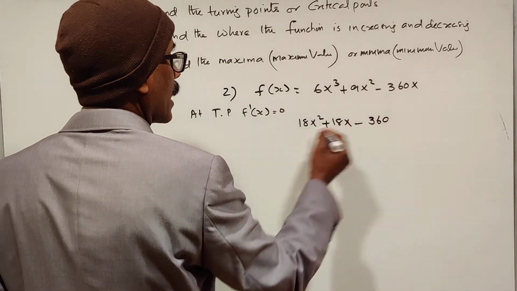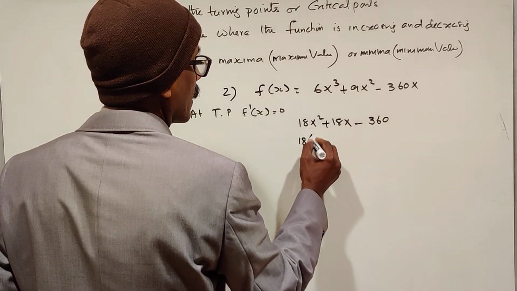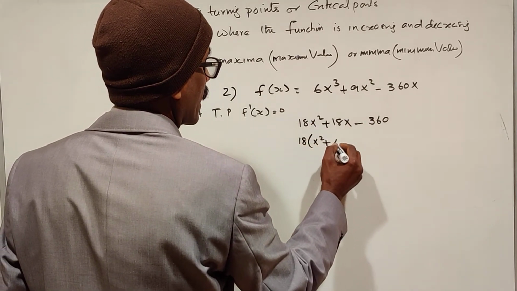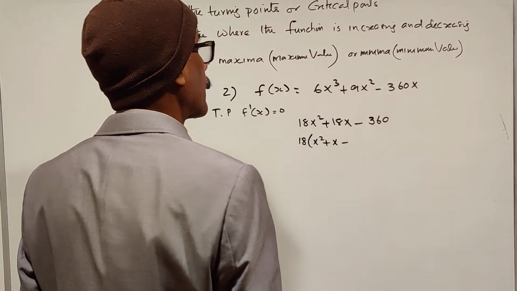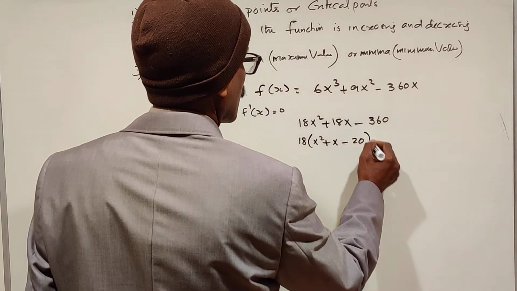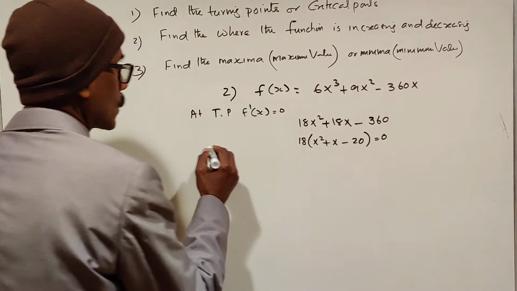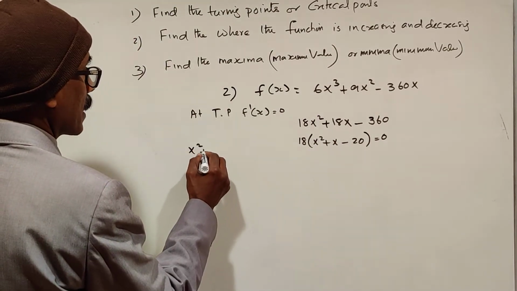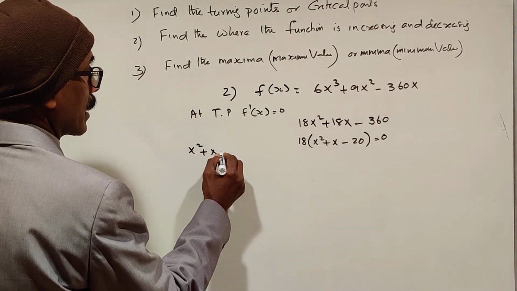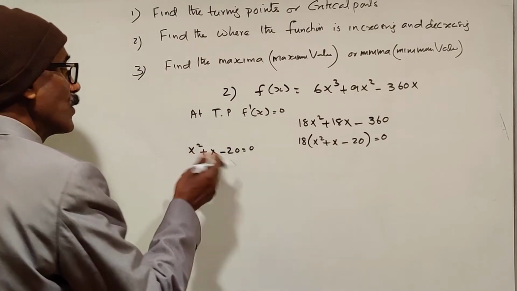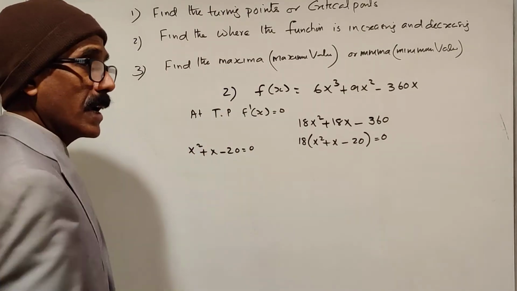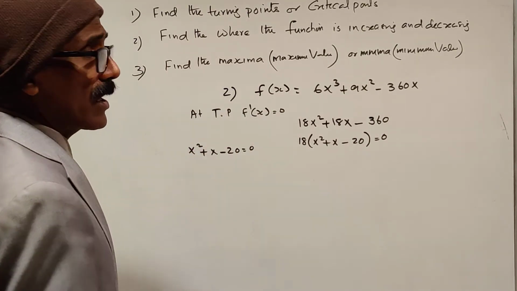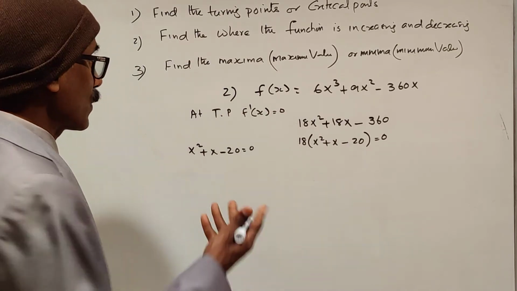Okay, I am going to take out 18: x square plus x minus 20 equals 0. So x square plus x minus 20 equals 0. We need to find the solved x value. There are two methods for solving this.